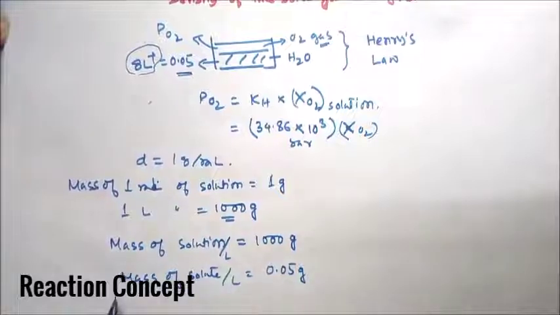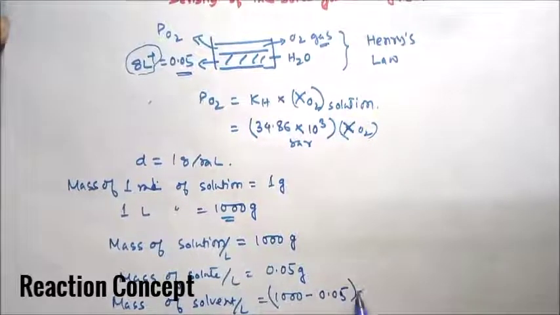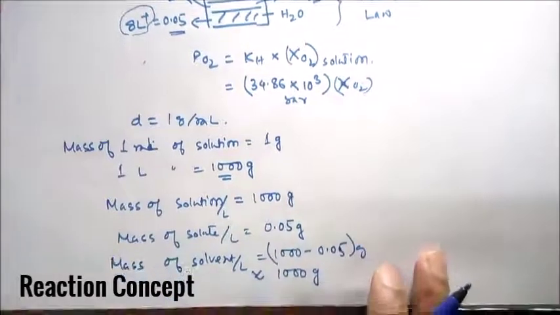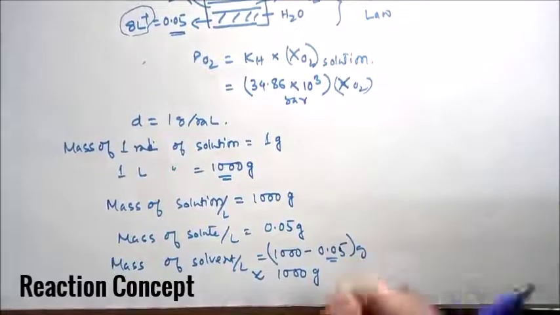So the mass of solvent per liter would be 1000 minus 0.05. This would be approximately 1000 gram. You are supposing this because this value is very small compared to 1000, so you are neglecting this term.